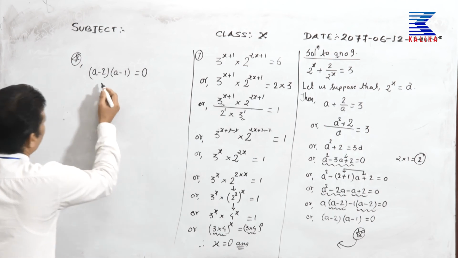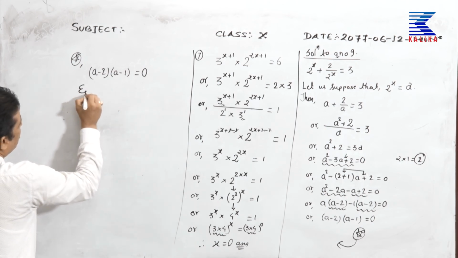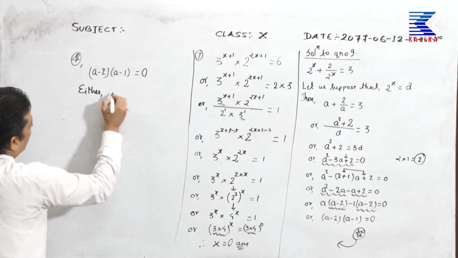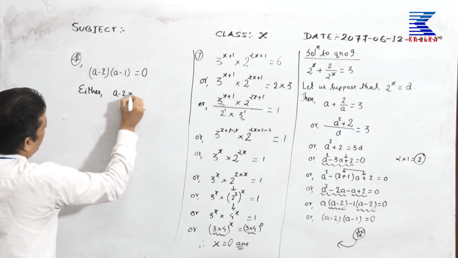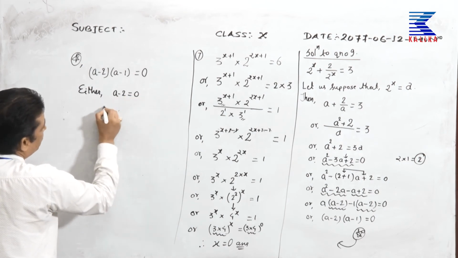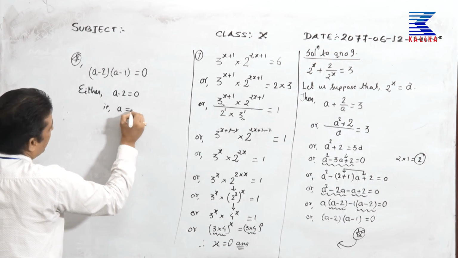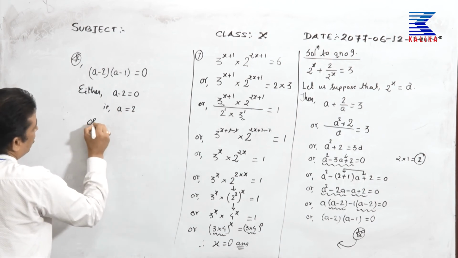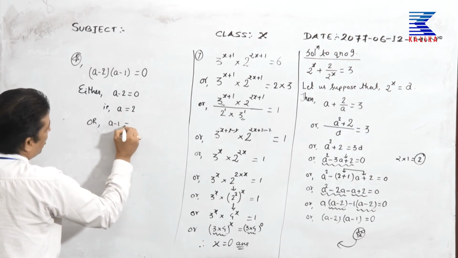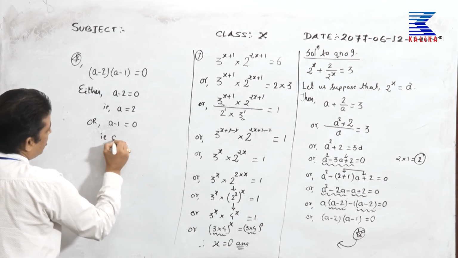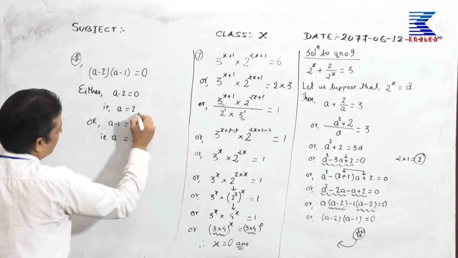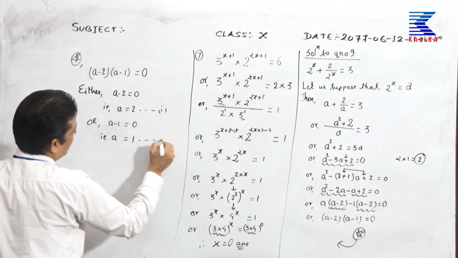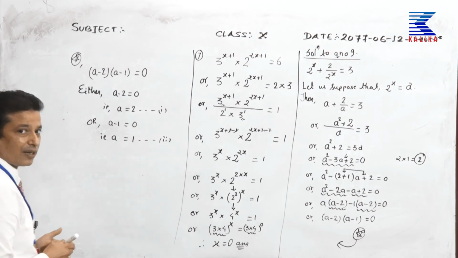So, here we can write either a minus 2 equal 0, that is a equals 2, or a minus 1 equals 0, that is a equals 1. Let us say this is equation 1, this is equation 2nd.